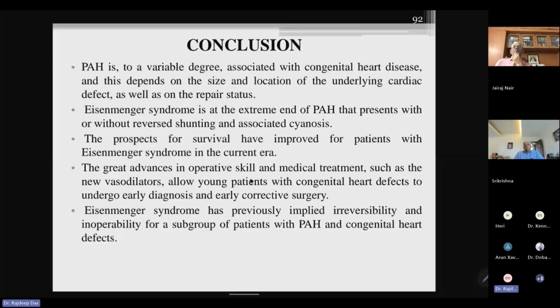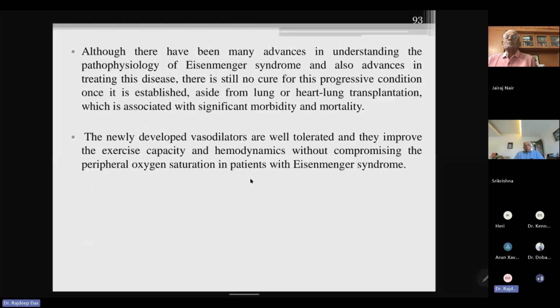Although there have been many advances in understanding the pathophysiology of Eisenmenger syndrome and in treating the disease, there is still no cure for the progressive condition once it is established, aside from lung or heart-lung transplantation, which is associated with significant morbidity and mortality. The newly developed vasodilators are well tolerated. They improve exercise capacity and hemodynamics without compromising peripheral oxygen saturation in patients with Eisenmenger syndrome.